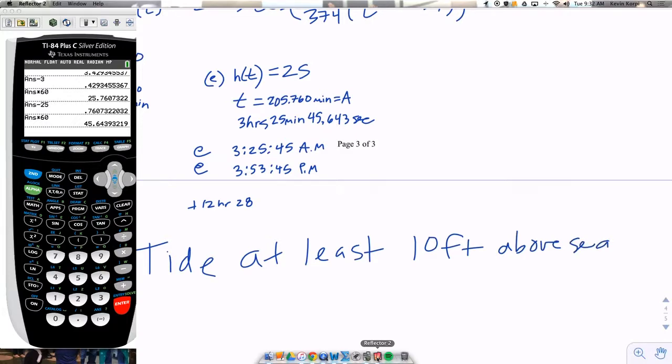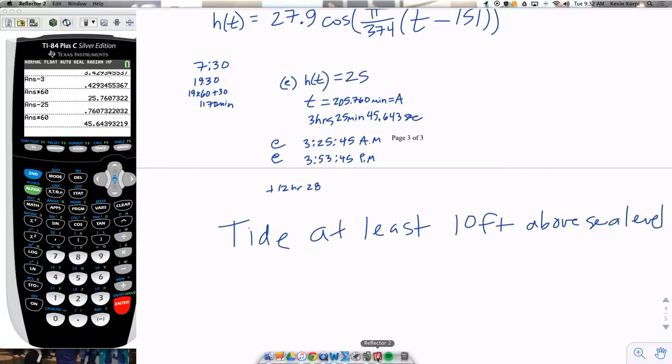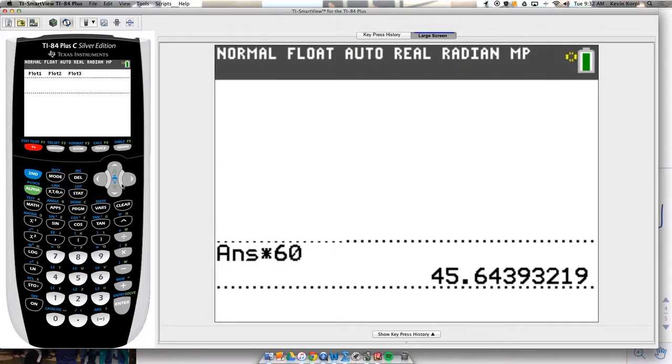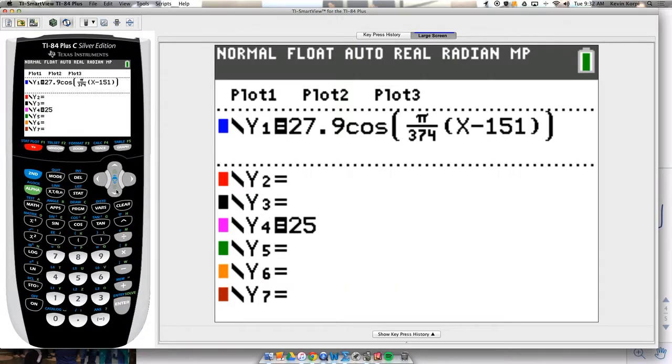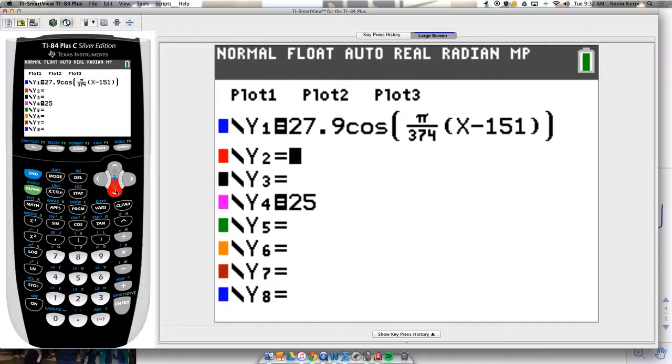For how many minutes was the tide in one day at least 10 above sea level? So you're going to put h of t is greater than or equal to 10. That would be what you'd show on your paper. If I had said below sea level, you would set it equal, greater than or equal to negative 10.